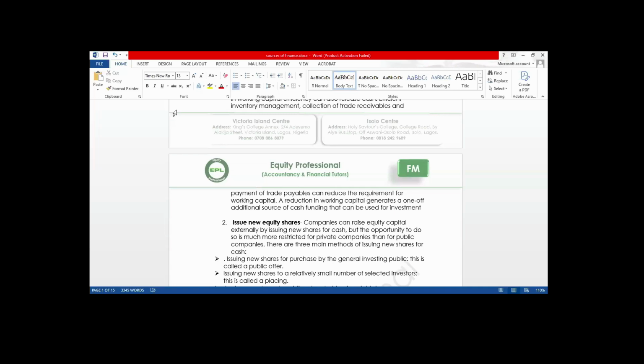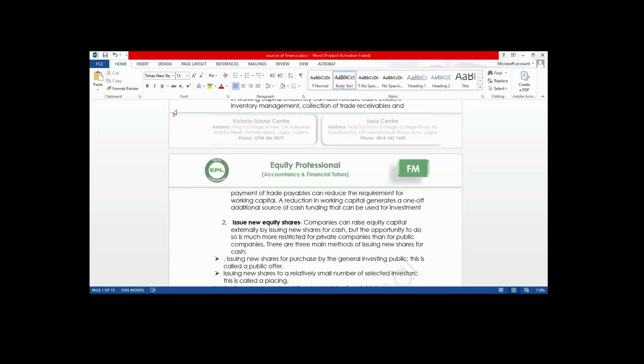This efficiency could give rise to a one-off free cash flow that could make cash flow available to you, because you are not tying down cash to trade receivable. You are not tying down cash to inventory.